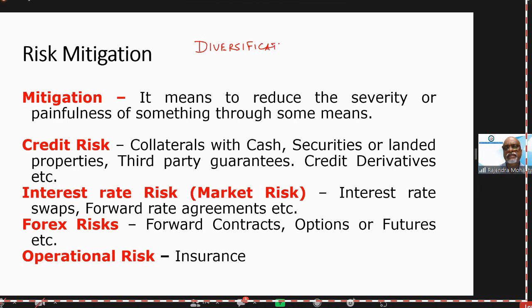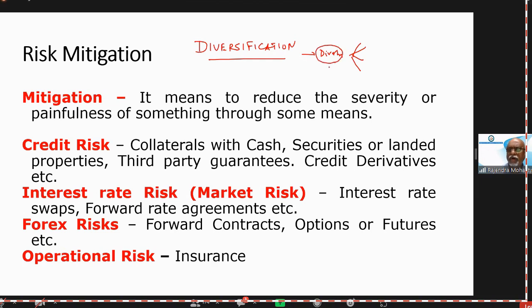What is diversification? What do you understand by the meaning of this word diversification? Diverting a portion of funds to non-related activities other than banking, maybe for investing in other shares. Okay, so diversification is basically diverting into more avenues, whatever resources are available.